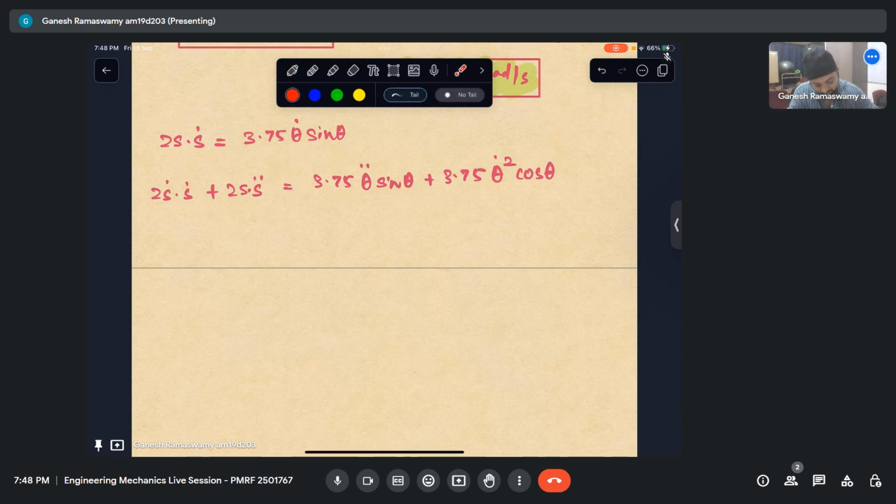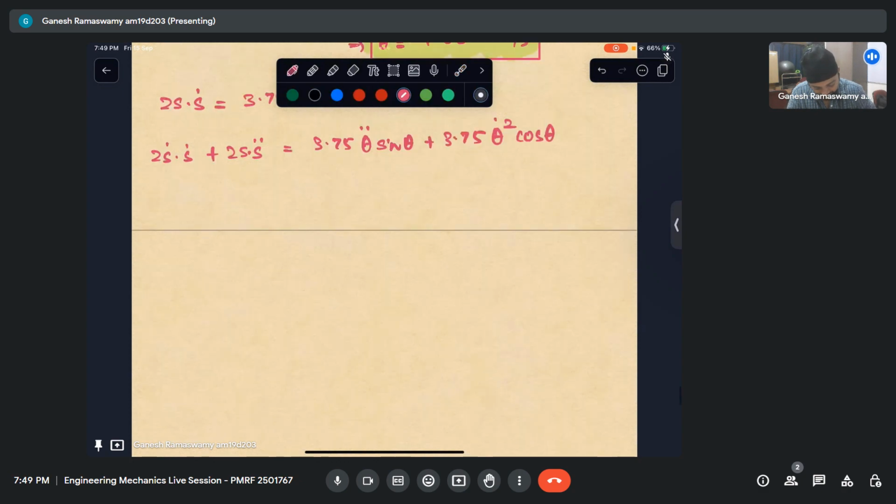Okay, actually, the question gives me that s double dot is 0. So I can further simplify this. What does this give me? 2s dot squared is nothing but 3.75 theta double dot sine theta plus 3.75 theta dot the whole squared cos theta.